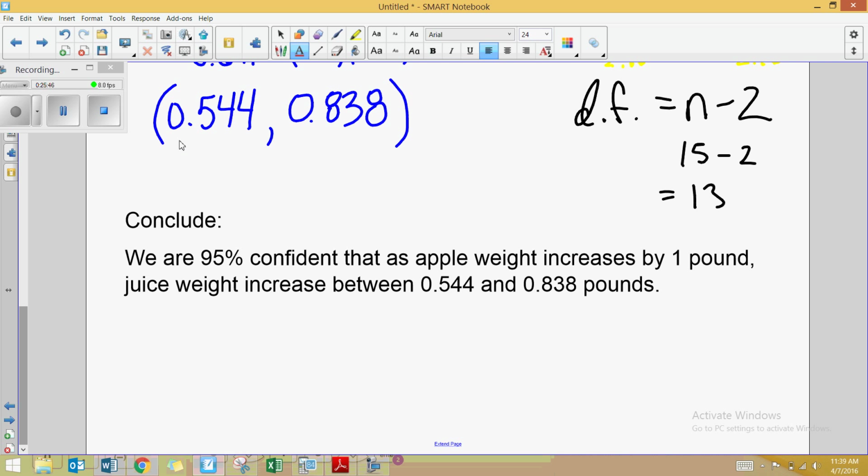All right, so what I would like you guys to do next, if you still have time here at the end of the period, is to take a look at the last example from your packet of chapter 26 notes. It asks you to conduct a hypothesis test.